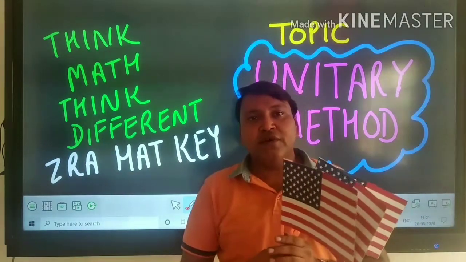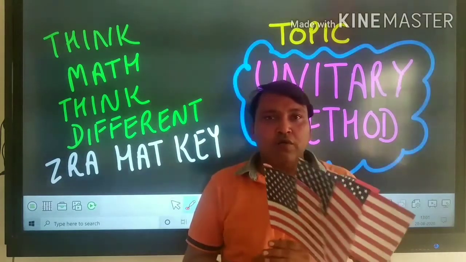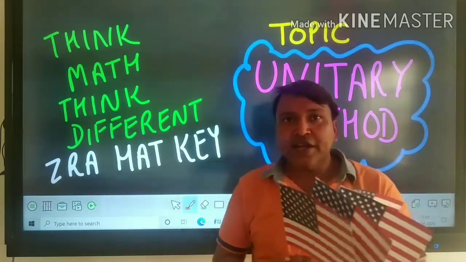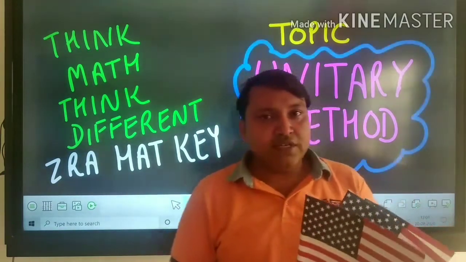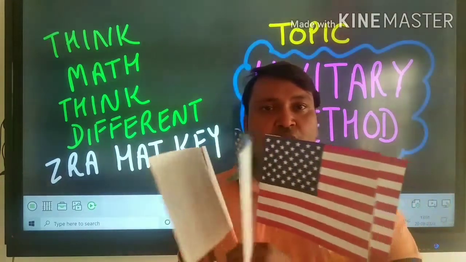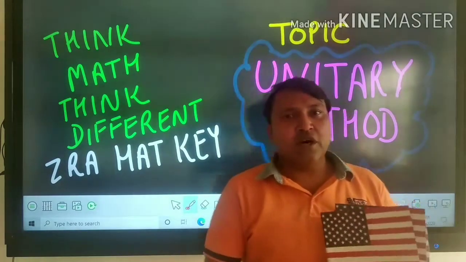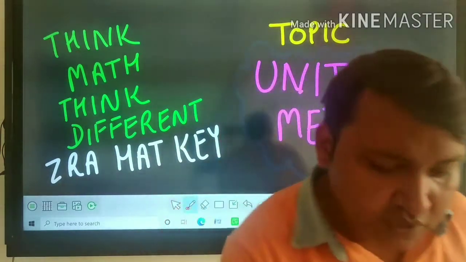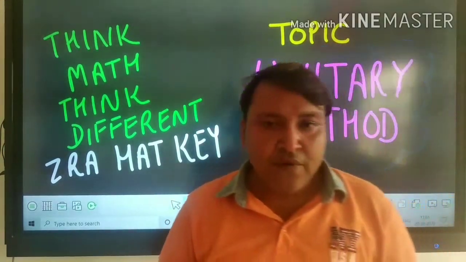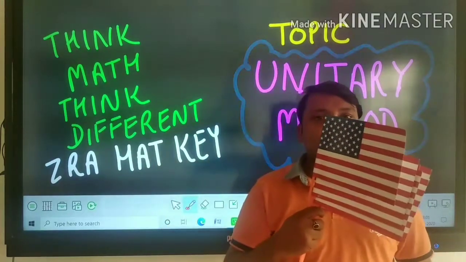If it is given that the cost of these 4 flags is 80 rupees, then what will be the cost of the same type of 7 flags?